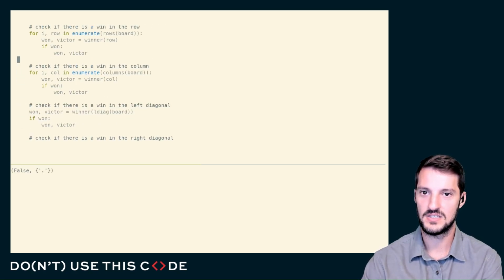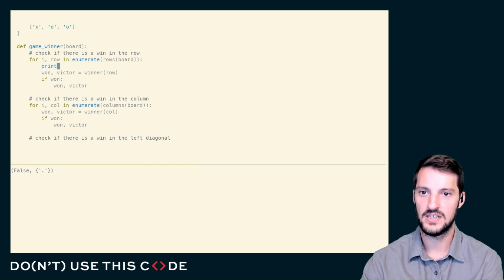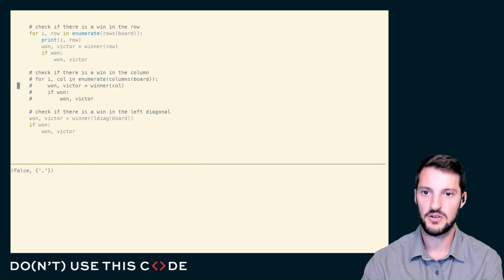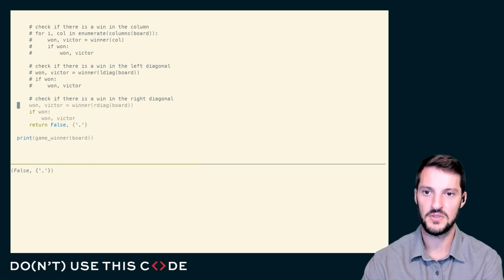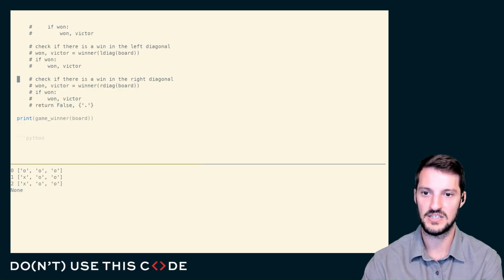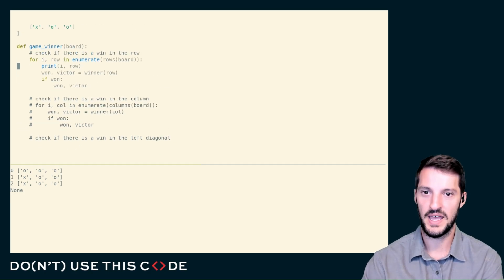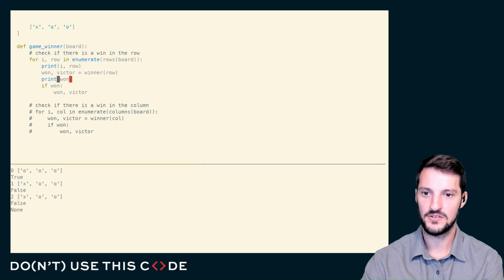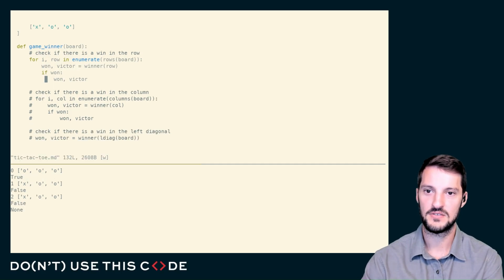That looks good. And now let's print out each row. I'm going to debug just by removing simple lines of code that I know shouldn't be factoring in a play here. And so that looks good. Now I should have a winner in this case. We see that we do have a winner. And the simple thing, we're missing our return.